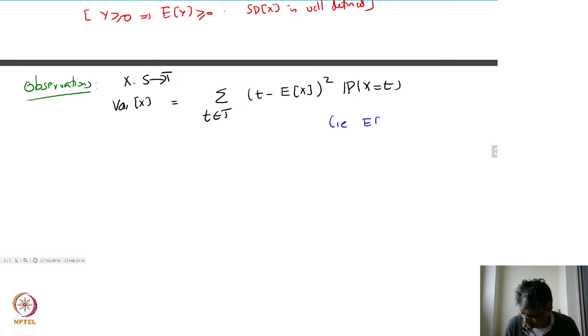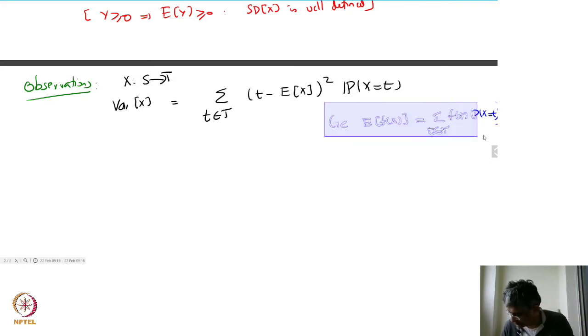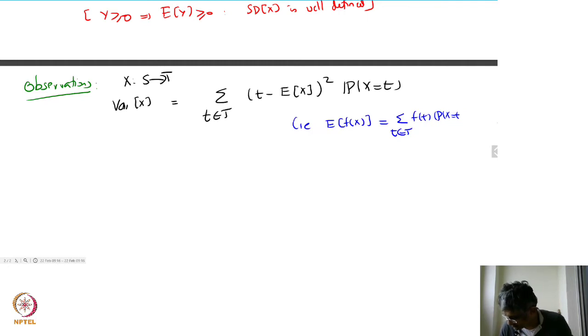I've used the fact that E of f of x is the same as the sum over t of f of t times probability. Very nice.